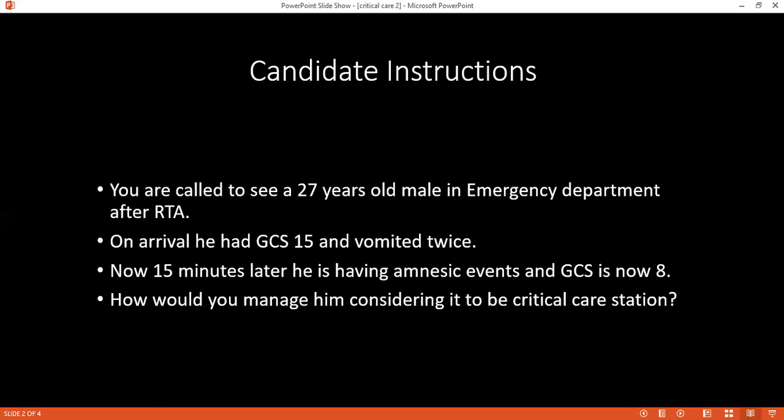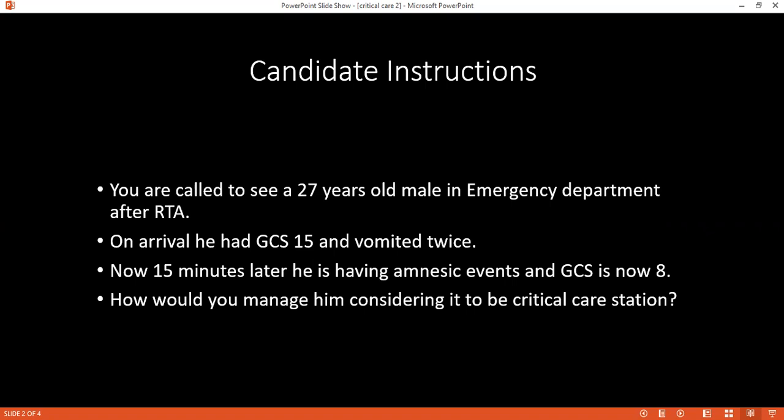Right. If you have read and understood, considering it a critical care scenario, please tell me, how do you plan to manage this patient? Yes, I will manage this patient according to advanced trauma life support by maintaining a patent airway, proper breathing, and adequate circulation. Regarding the airway, I will speak to the patient to see if he can speak.